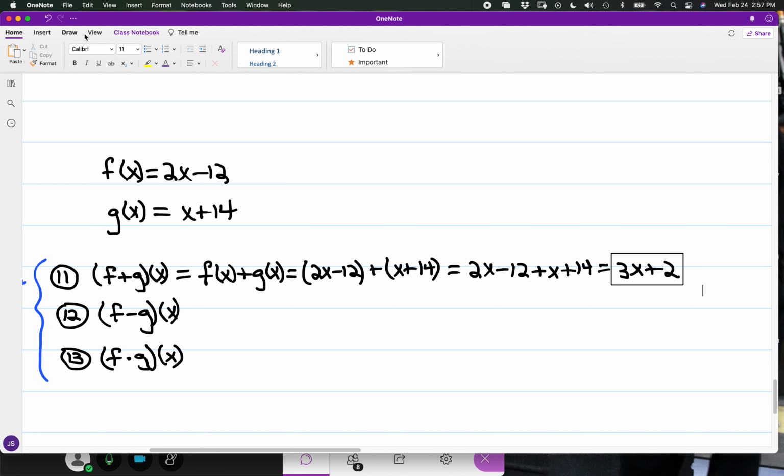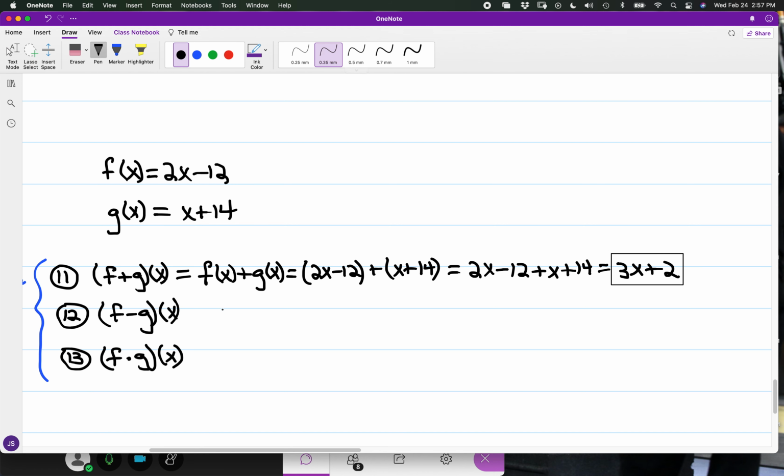Now, for the difference between the functions, you have f of x minus g of x, and here we have the quantity of 2x minus 12 minus the quantity of x plus 14.